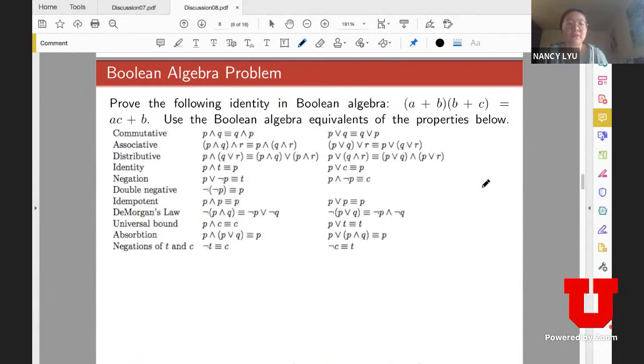Let's move on to the next one. We have a Boolean algebra problem. In this one, we want to prove (A plus B) dot (B plus C) is AC plus B using the Boolean algebra equivalence properties below.